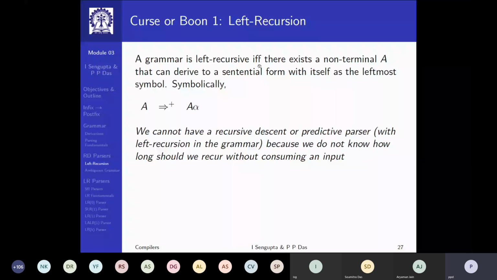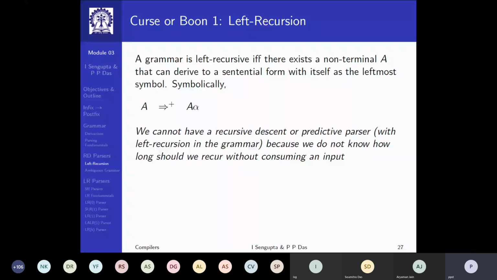It says that if there exists a non-terminal A that can derive a sentential form, A double arrow plus, borrowing from the regular expression notation, meaning one or more derivation steps, producing A alpha, where alpha denotes a string over terminals and non-terminals, including epsilon, then the grammar is left recursive.